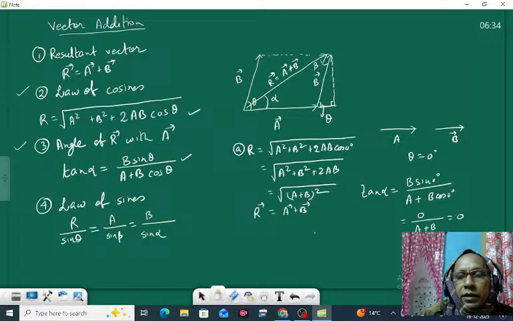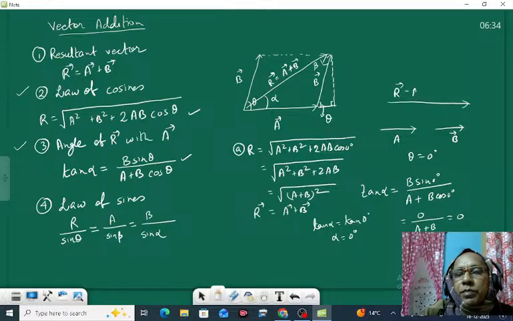Or tan alpha is equal to tan 0, therefore alpha equals 0 degree. That means the resultant will be in the same direction, in the direction of A plus B. Therefore, the resultant vector will be in the same direction, vector A plus vector B. So we apply this general formula in any vector addition.